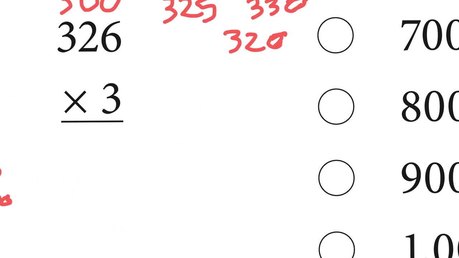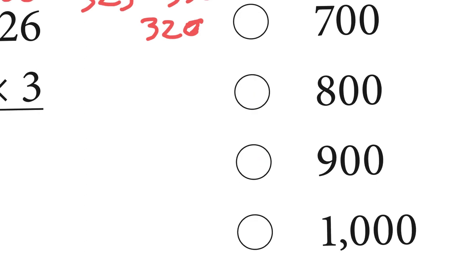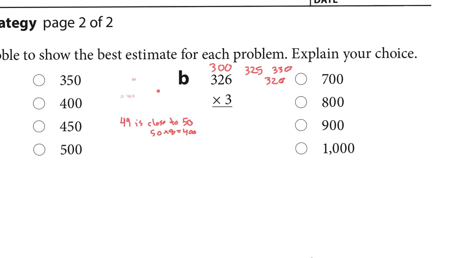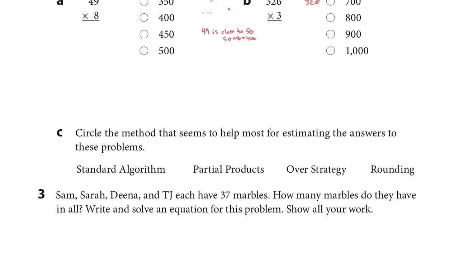That is going to inform what answer you choose over here, okay? So it's just something to think about. Not saying you have to do it a certain way, but when I look at those options, only a few of them pop out to me, okay? Circle the method that seems most helpful for estimating the answer to these problems.